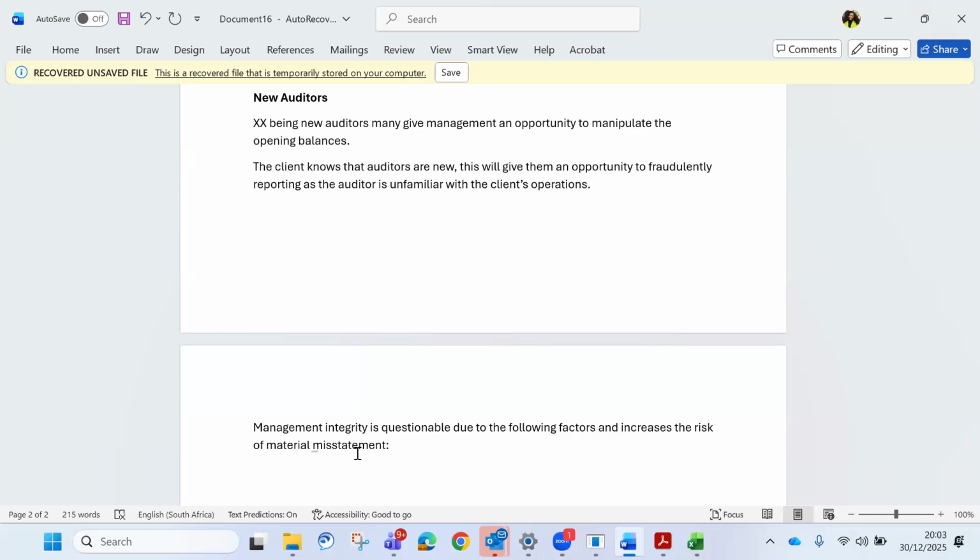Sometimes they might say this company is non-compliant with King 4 and all of that. Then how do I word it? You come here and you say there is a risk of non-compliance.